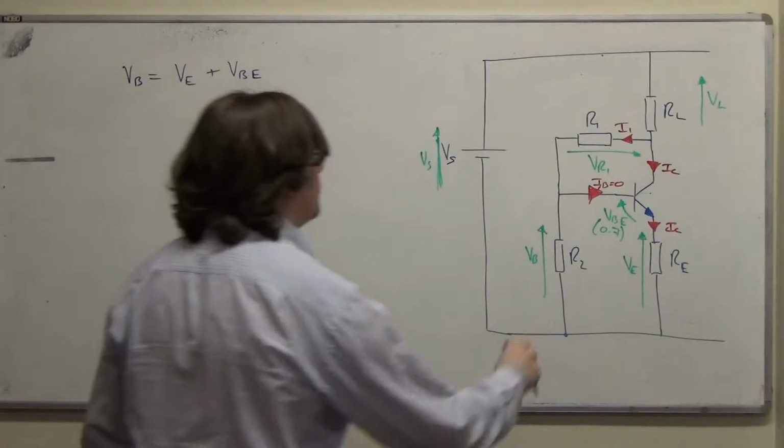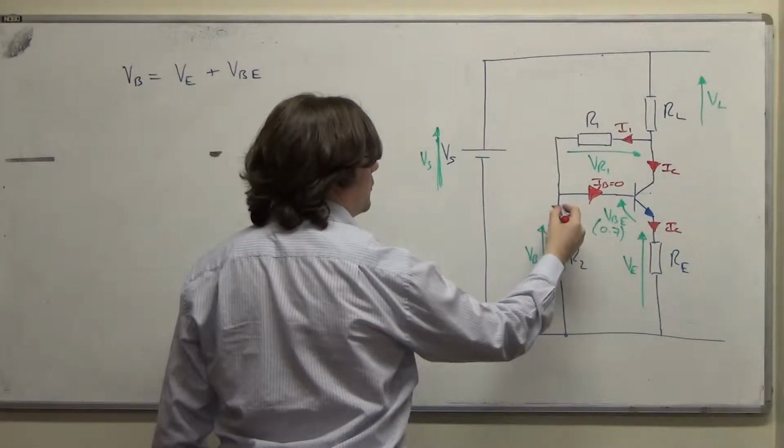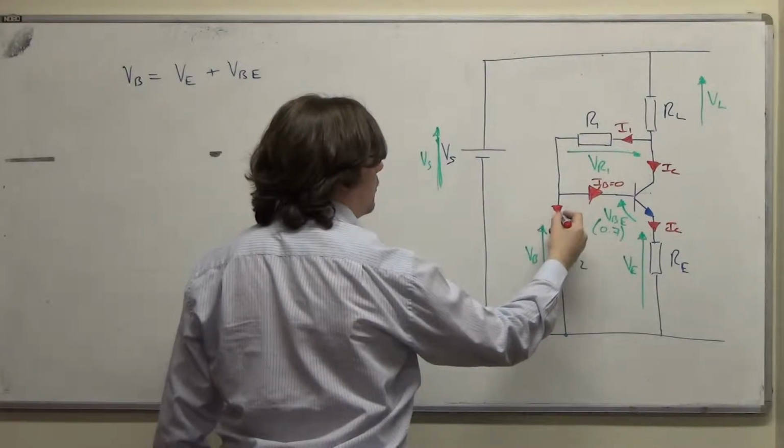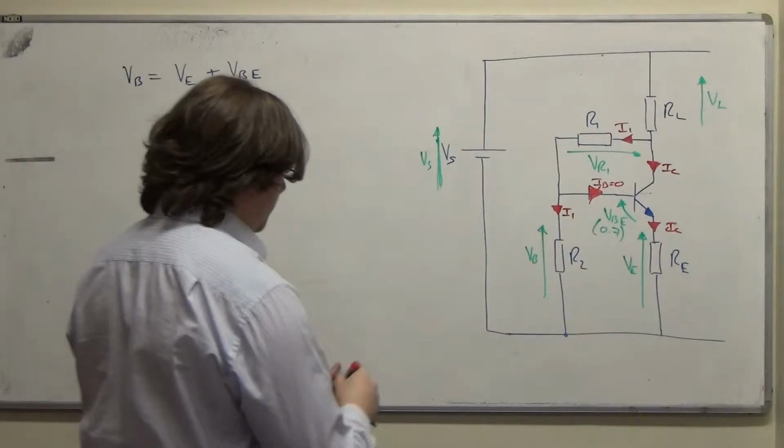if IB is 0, then I1 flows through R1, then the only other place that I1 can head off to is down through R2, so this must be I1 as well.